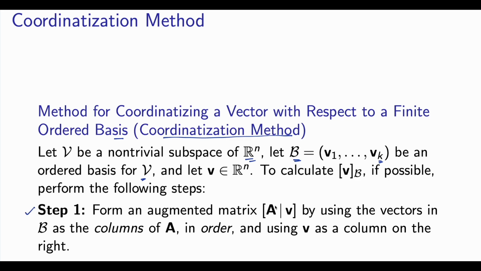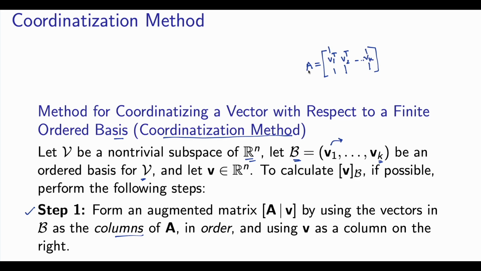So what I am going to do here is write the augmented matrix [A | v], with the help of the vectors in B as the columns of A. We are basically putting every vector column-wise to get my A matrix. So the A matrix is going to be v1 transpose, as a column matrix, means transpose of this vector, v2 transpose, and so on, up to vk transpose.